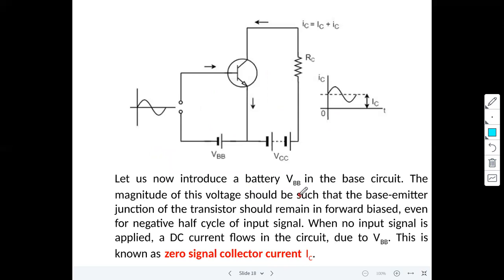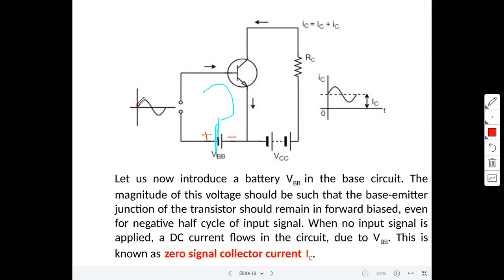Now consider this circuit. What is this circuit here? Already there is some bias voltage applied. Observe here. In this bias voltage, this is positive, this is plus and minus.